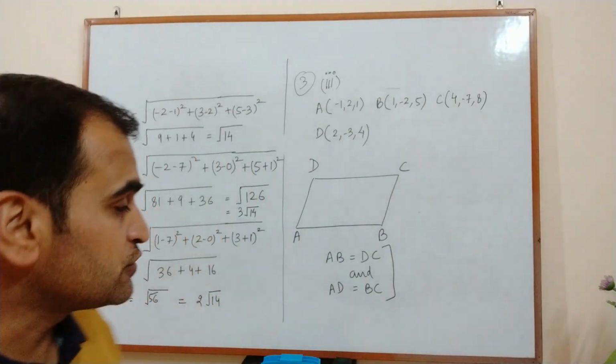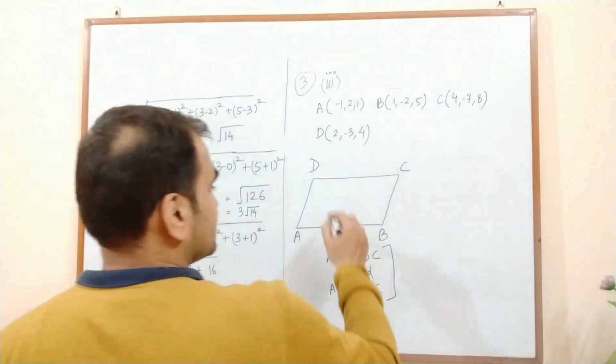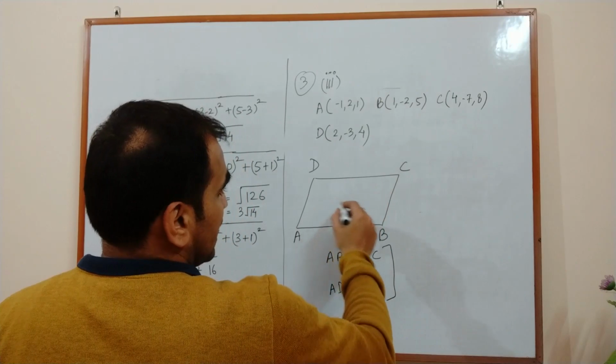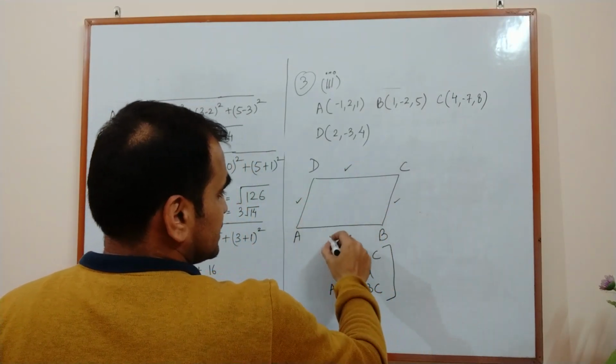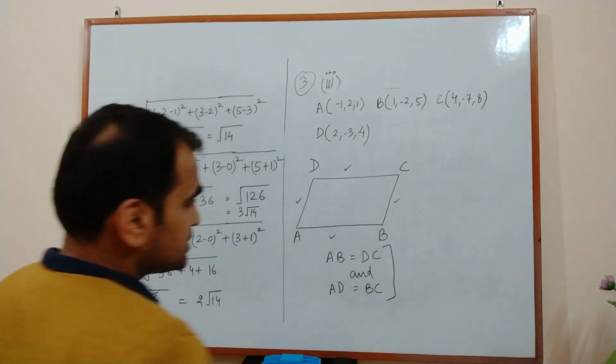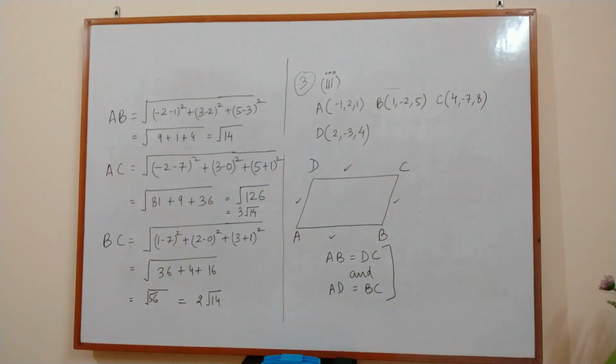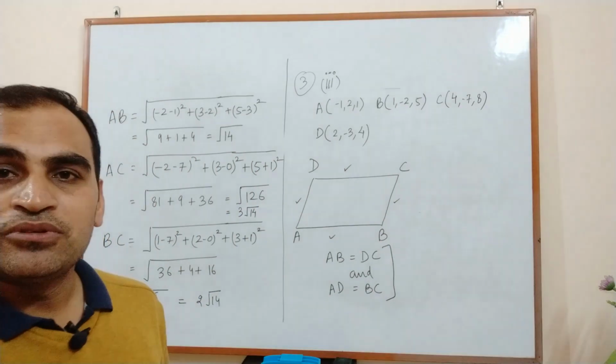Using the distance formula, you can calculate the distance between A and B, B and C, and then A and D, and so on. Once you get all 4 distances, you can simply check that the opposite sides are of equal size.